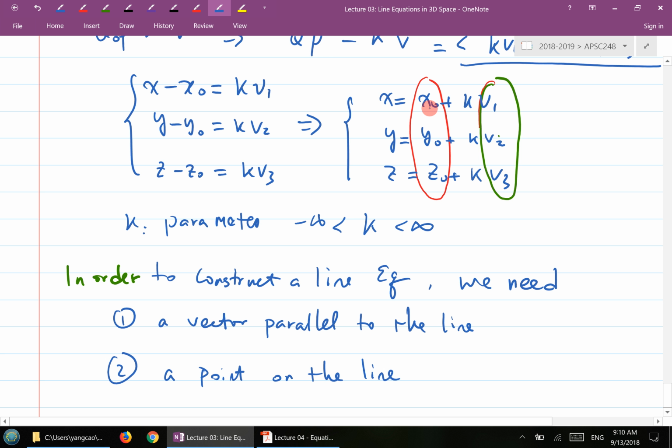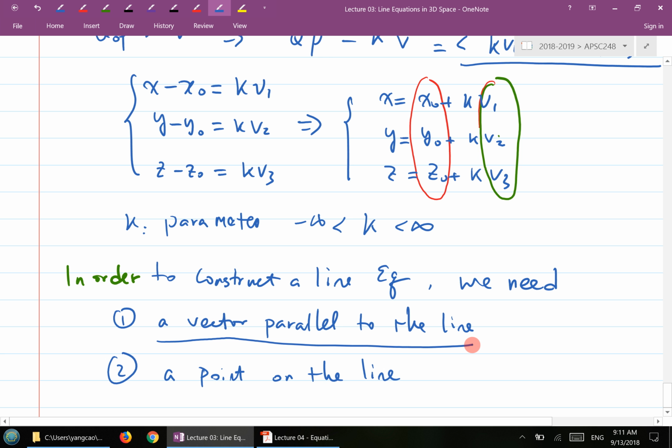So now let's get back to the question of why the parametric equation actually has an infinite number of solutions, or is not unique. If you look at this statement, all you need is a vector parallel to the line, right? How many parallel vectors would you have for a line?